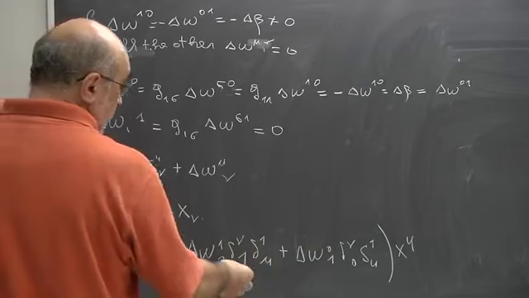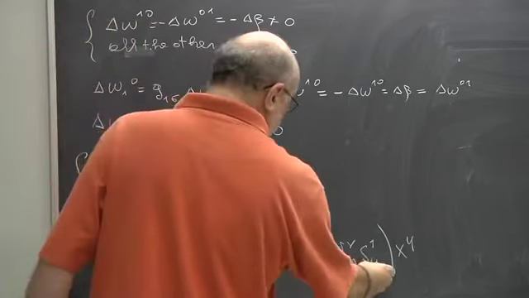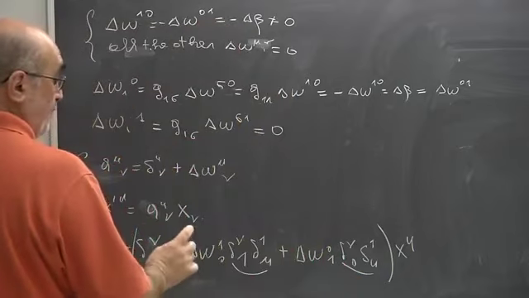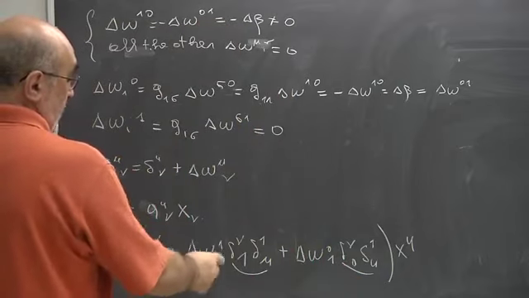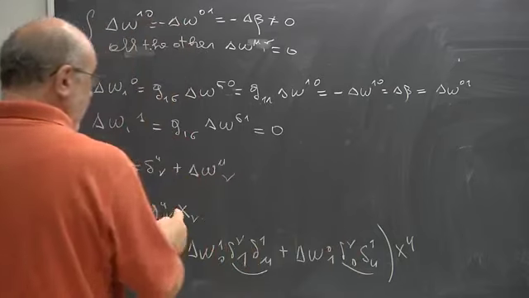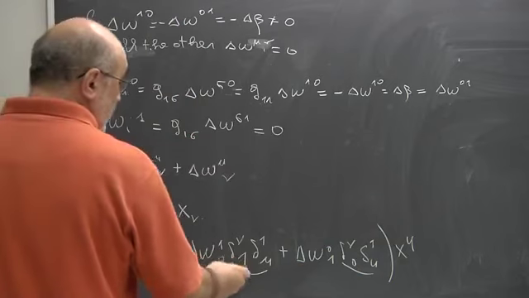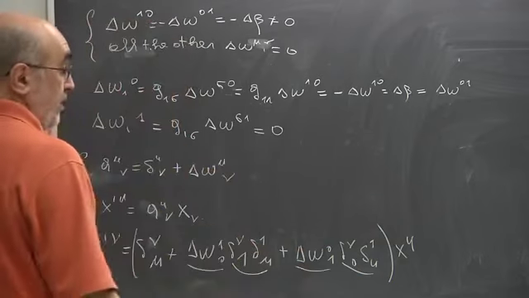But at least thanks to this, I have managed to put the two indexes mu and nu in a correct manner. So this Kronecker delta is the correct manner to put in the indexes mu and nu, remembering that I have only this object. All the others are 0.